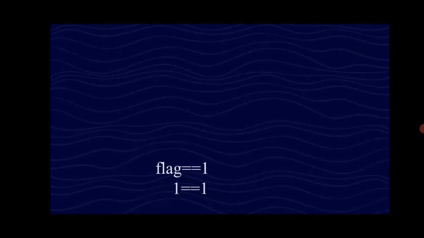Now the execution of this program: n1 is 4 and n2 is 5. I have given the value for n1 as 4 and the value for n2 as 5.